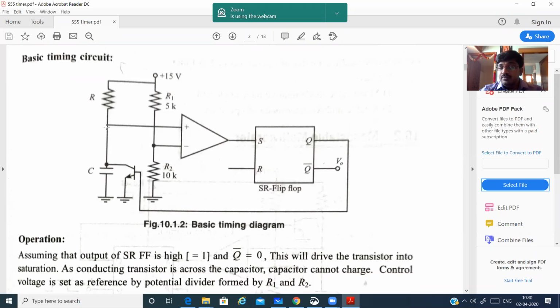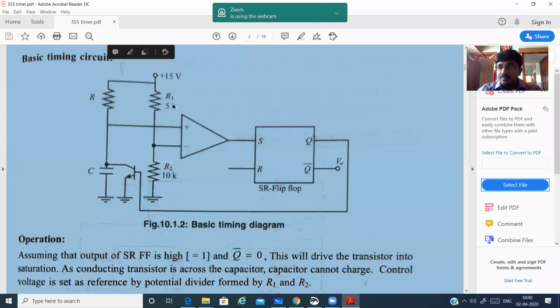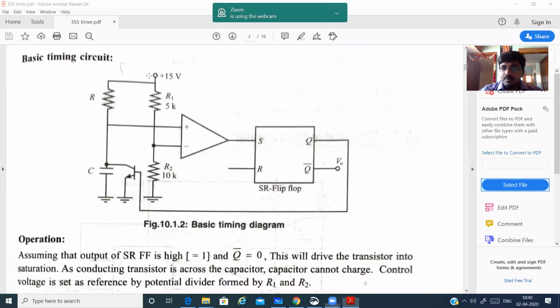Now suppose the voltage at this point is greater compared to this. What happens to the op amp? The non-inverting terminal will be at higher potential compared to the inverting terminal. When positive is greater than negative, the output will be positive.